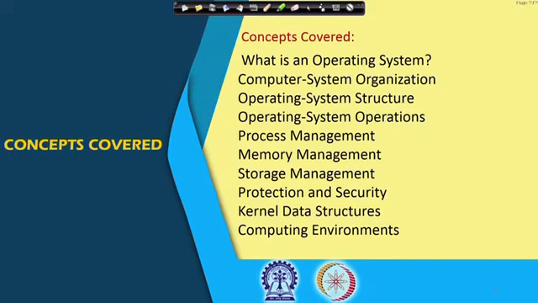Then the system protection and security. Most of the systems that we have today are multi-user systems. Multi-user systems are good because several users can give jobs to the computer system, and the computer system can do that in due course of time. But the problem is that not every user is well behaved.